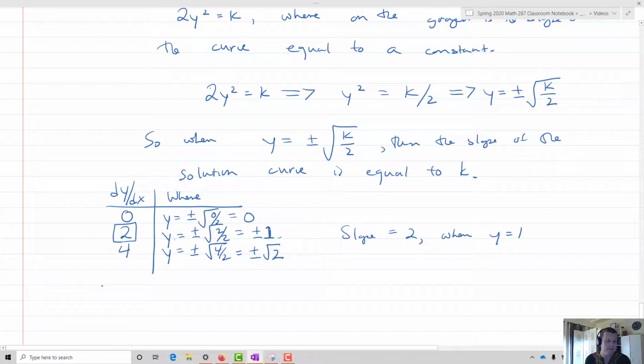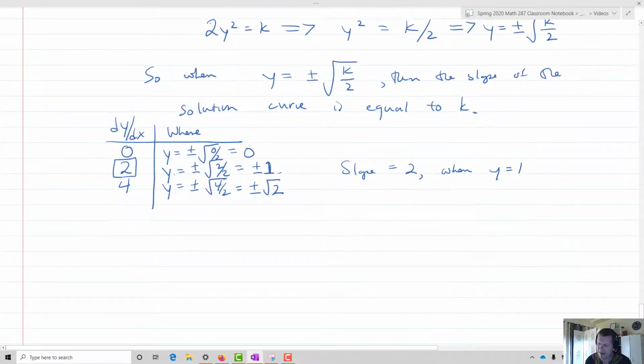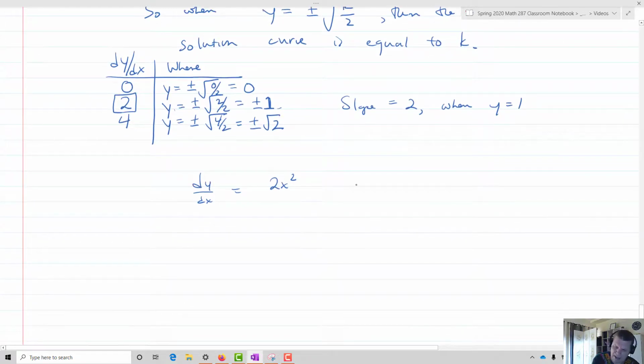Now sometimes it's going to look a little bit different, or even a lot different. For example, if we had dy dx equals 2x squared, we'd set k equal to 2x squared.